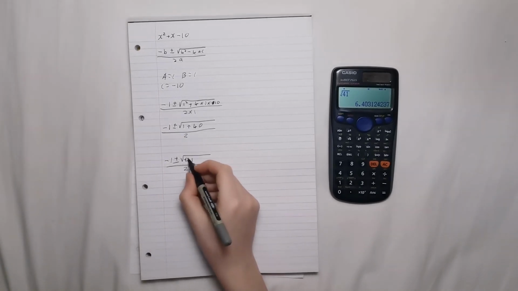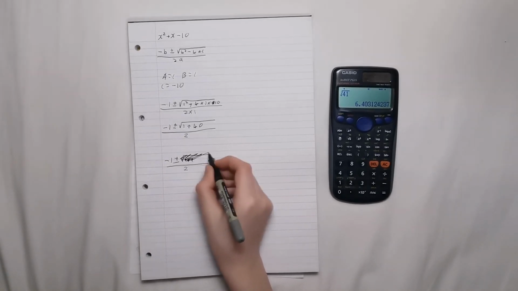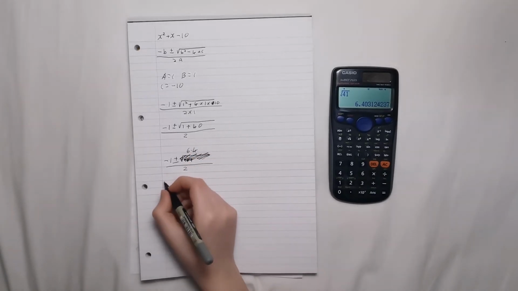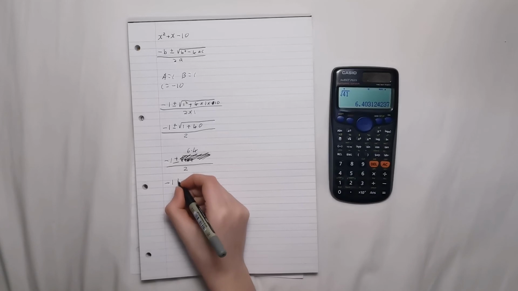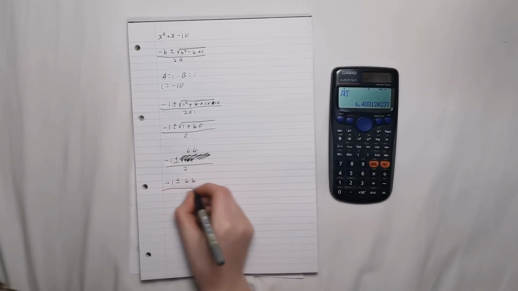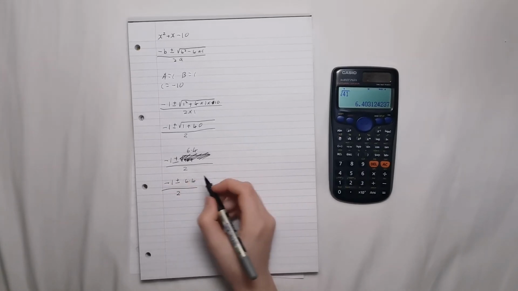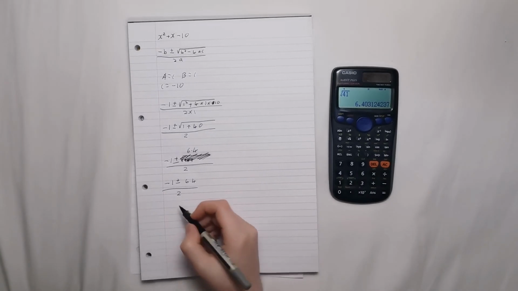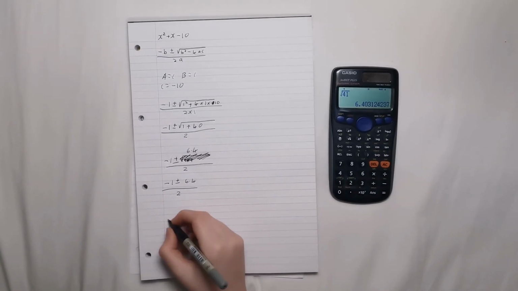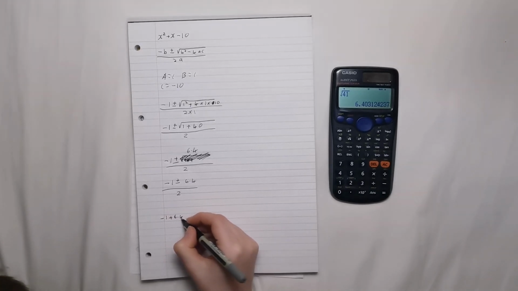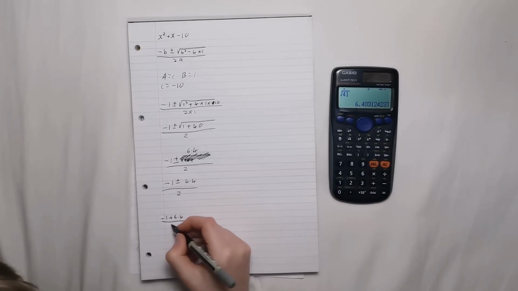Well, guess we'll put it in. The square root of 41 is 6.4. So -1 plus minus 6.4 over 2. Now we can divide this. -1 plus 6.4 divided by 2.